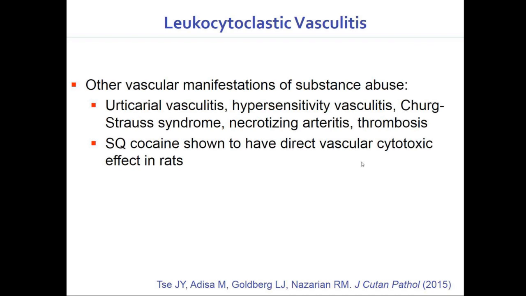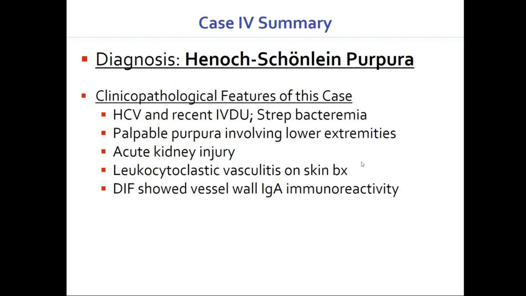So the diagnosis in this case was Henoch-Schönlein purpura. She had many factors for development of this disorder, including hepatitis C virus, recent intravenous drug use, streptococcal bacteremia, and of course, again, immunofluorescence was quite helpful in determining the diagnosis.